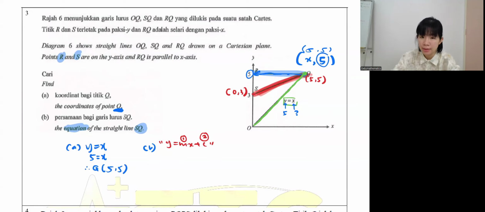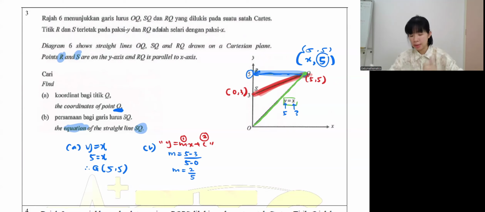Okay, go find the gradient, m. y2 minus y1, 5 minus 3, over x2 minus x1, 5 minus 0. Okay, m equals 2 over 5. Got m?